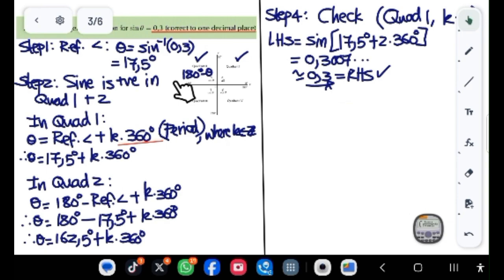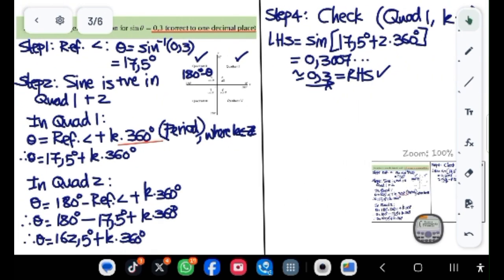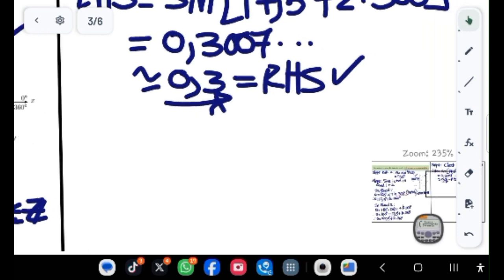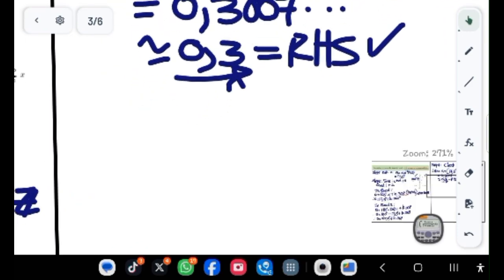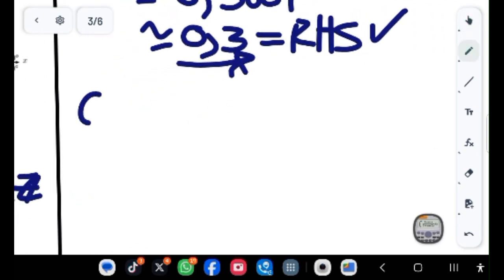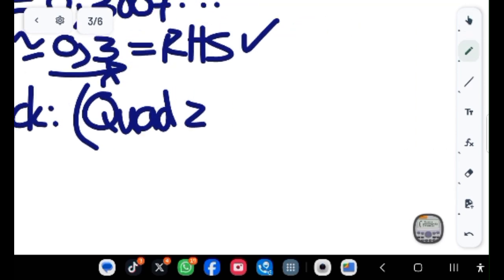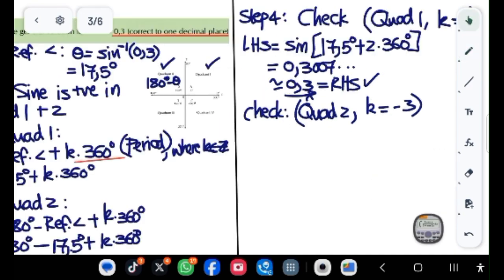Let's check the answer from quadrant 2. So wherever there is theta, we substitute 162,5, and we're going to check with a negative K. Let's make that K equals negative 3.